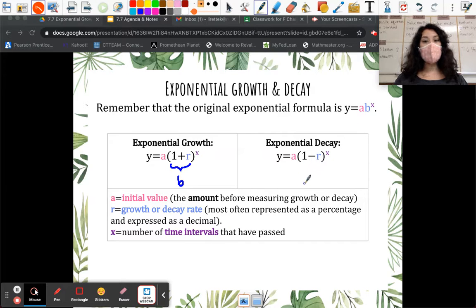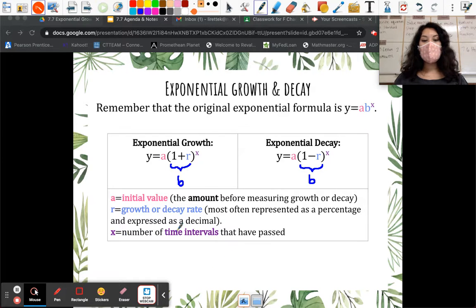If it's exponential decay, you're going to take that decay rate, again expressed as a percent, and subtract it from 1 instead of adding it. This entire thing in parentheses is our b value when you're looking at that exponential function.